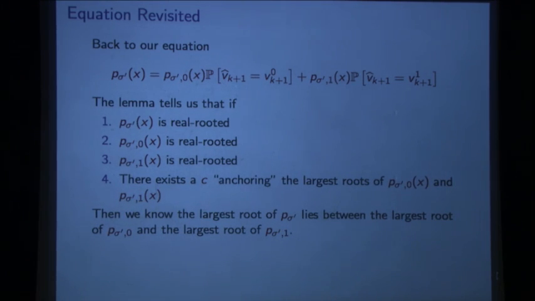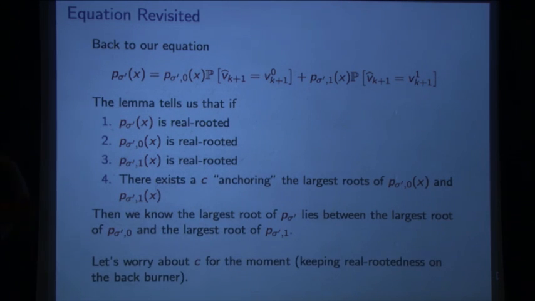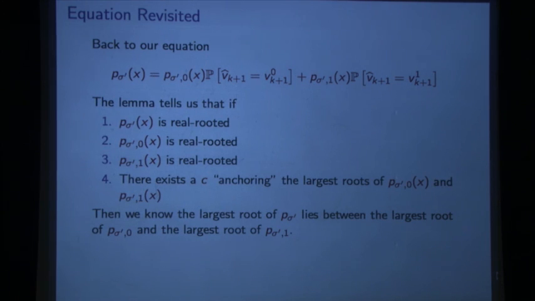That's what the lemma tells us. So let's forget about the real rootedness for a moment, and let's just worry about c, because we're going to need to find a c. If this would be okay, then you would choose the one that has a smaller largest root, and you would continue. Correct, yes. And I'll get to that in a second.